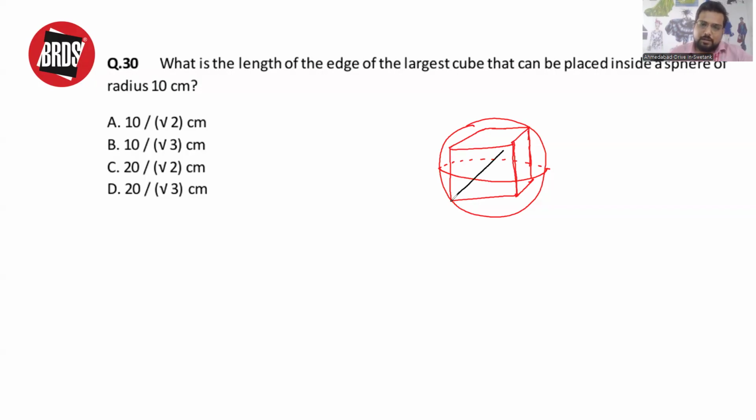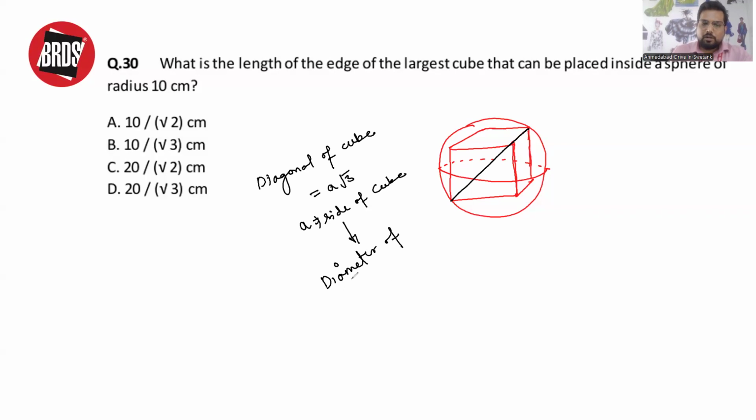So the diagonal of the cube, which is root 3 a, considering a to be the side of the cube, would be the same as the diameter of the sphere, which is 20, because the radius is given as 10, so the diameter of the sphere would be 20.